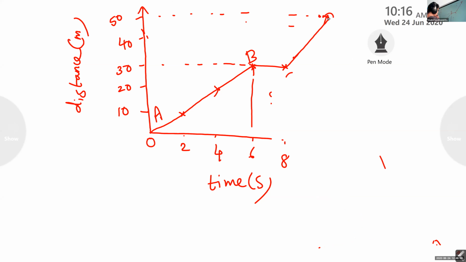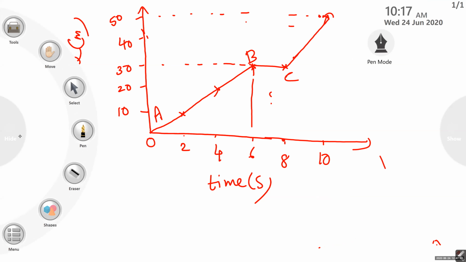Next, what's the third question? Read the third question. What does BC indicate? Non-uniform motion? Stationary? BC means only this much part you have to identify.